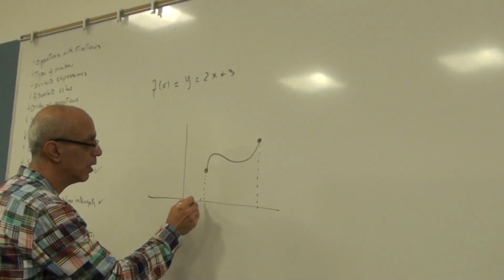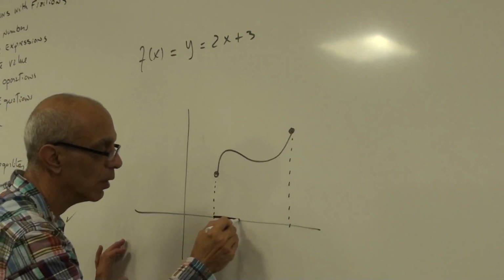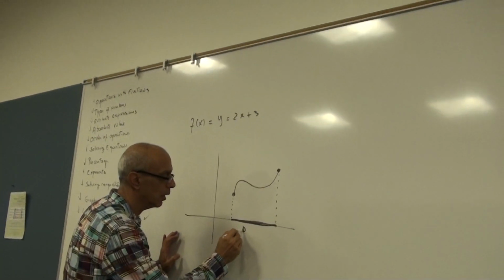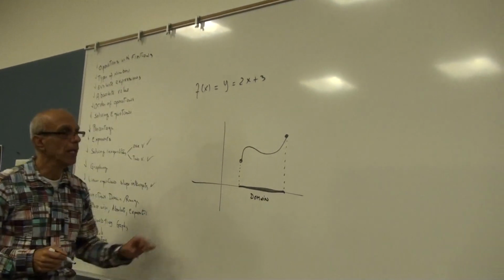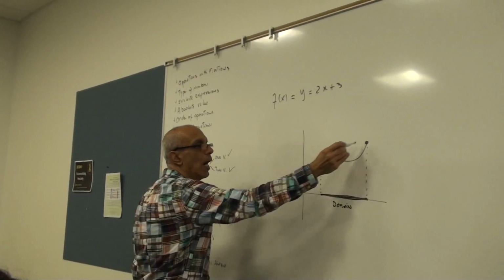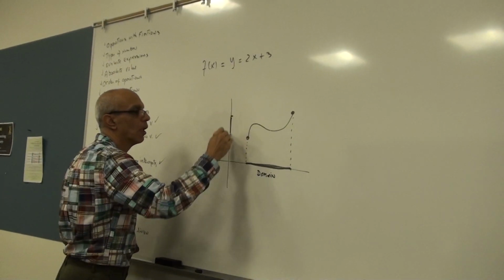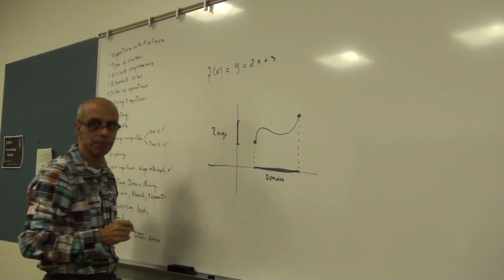So what would be the values that this function exists? It is the values of x within this interval, okay? So this here is the domain. And the range are the values of y that the function exists, okay? So this is the range, okay?